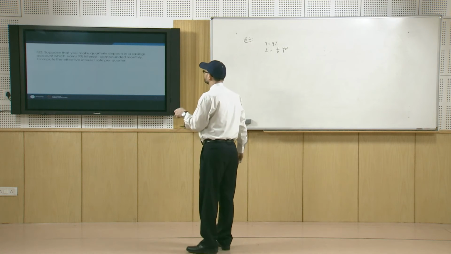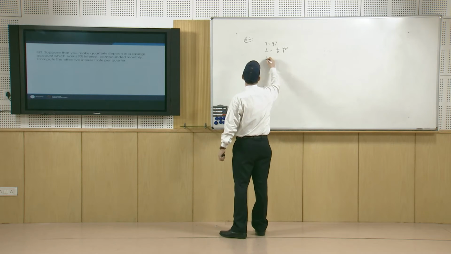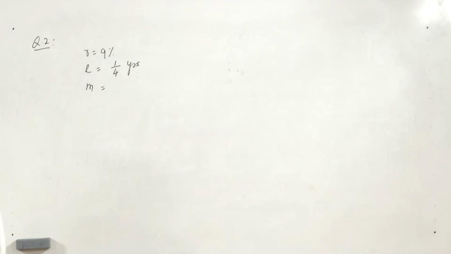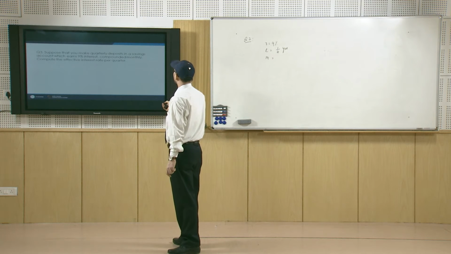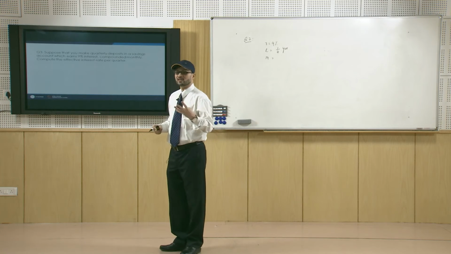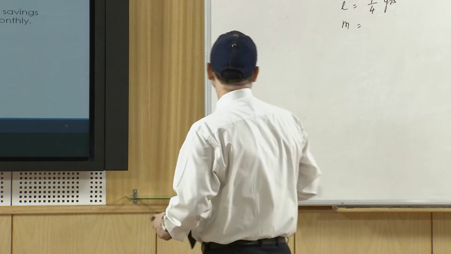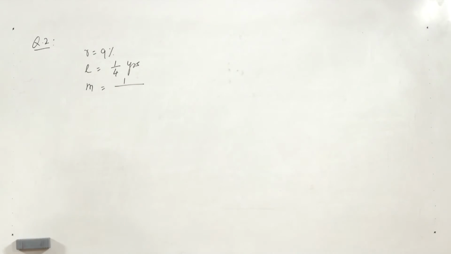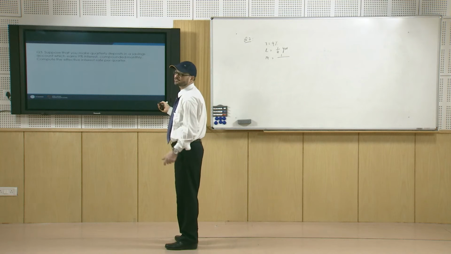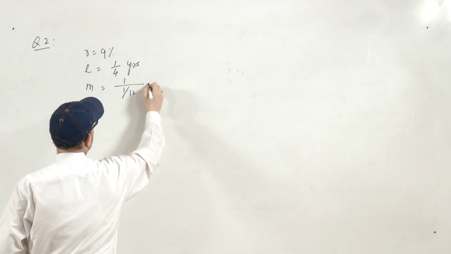So, L becomes 1 by 4 years. M is the reciprocal of the compounding period in years, that is 1 by 12, so M is 12.